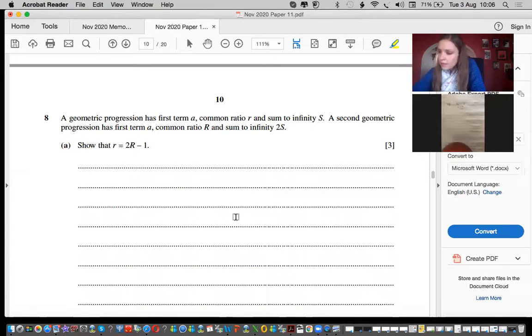Fine. Second geometric progression: first term, still A, common ratio, capital R, sum to infinity, 2S. Okay, I feel like the second progression is a bit more interesting. We're supposed to show that.